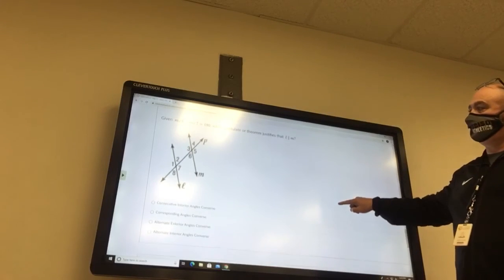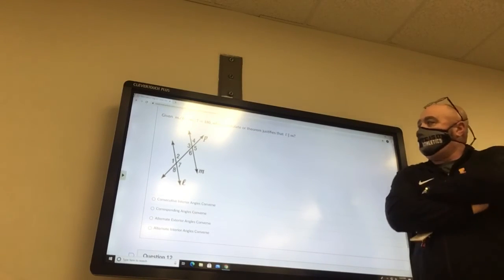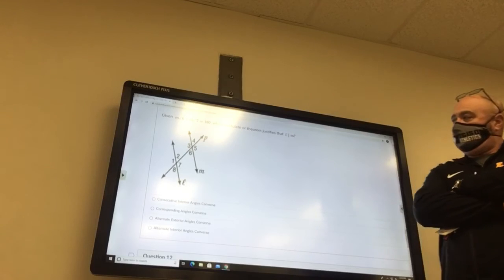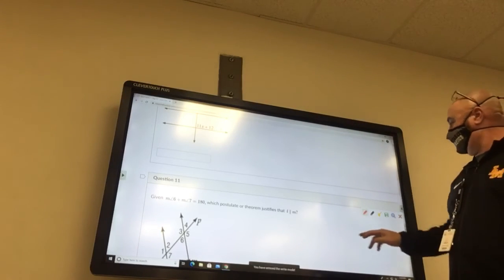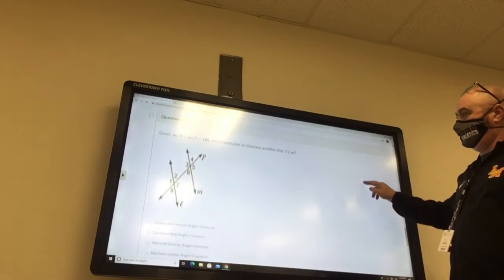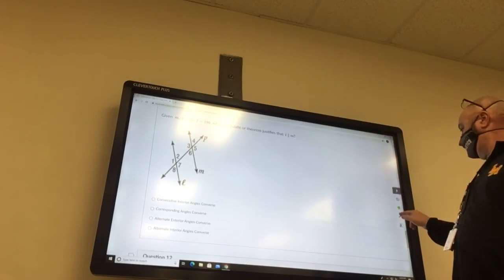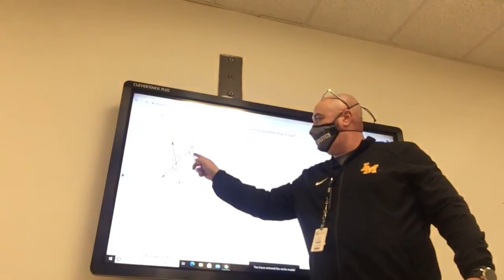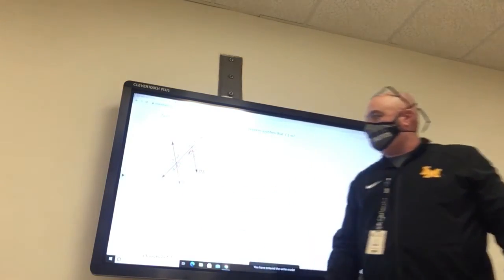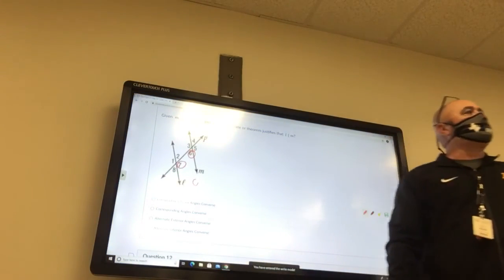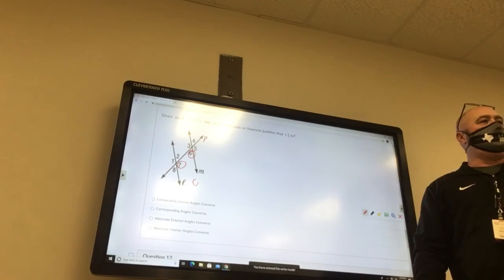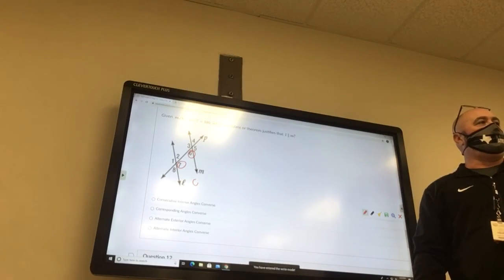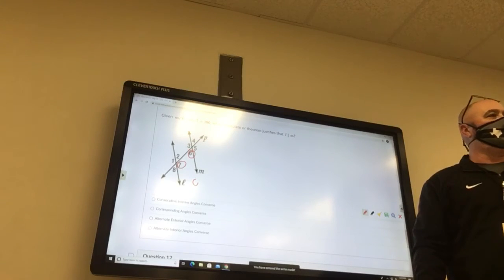Here we go. Given the measure of angle 6 plus the measure of angle 7 is equal to 180 degrees. So right here and right here equals 180 degrees. What type of angles are those? Interior. They're interior, and they are what? Are they alternate, or are they consecutive?